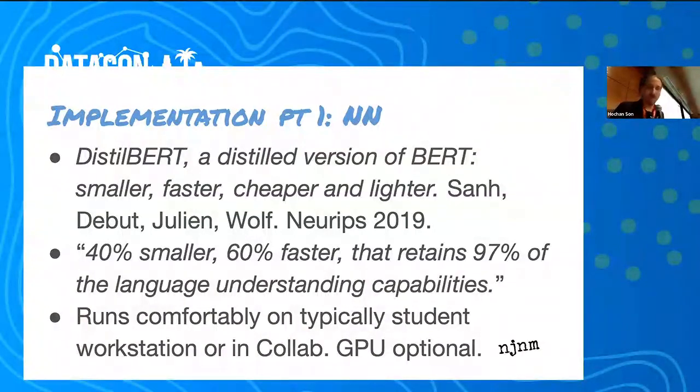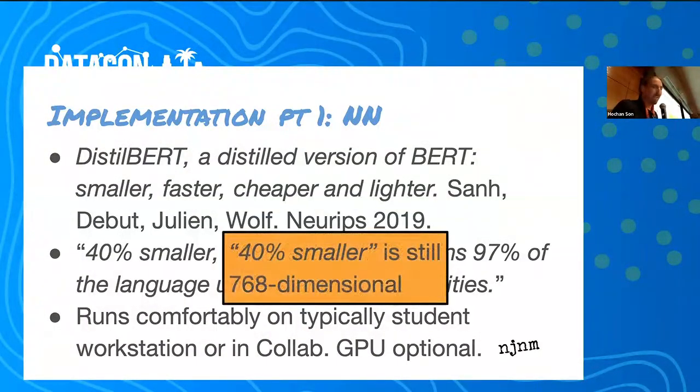But there's one thing I would call out. When they say it's 40% smaller, the output space is still 768 dimensional, which, if you were trying to do an analysis on this, might be challenging, very difficult to interpret.